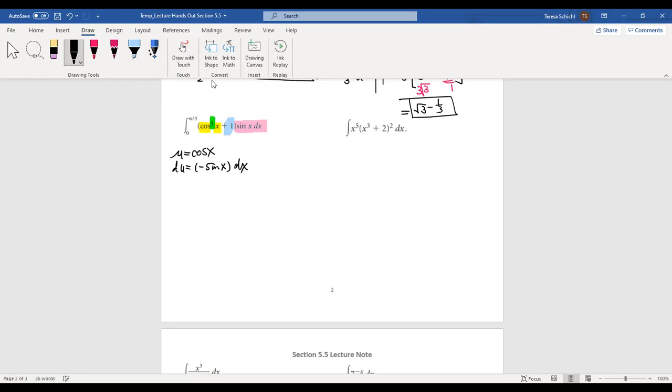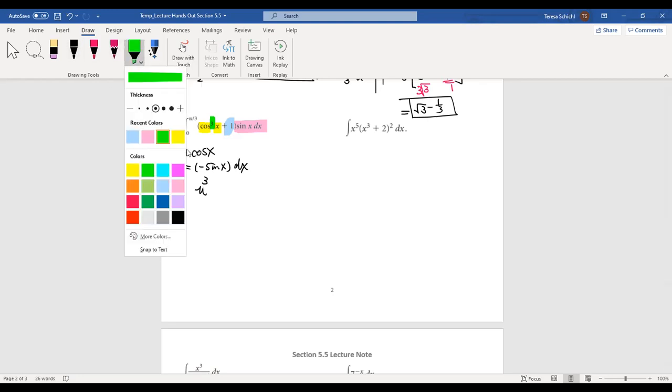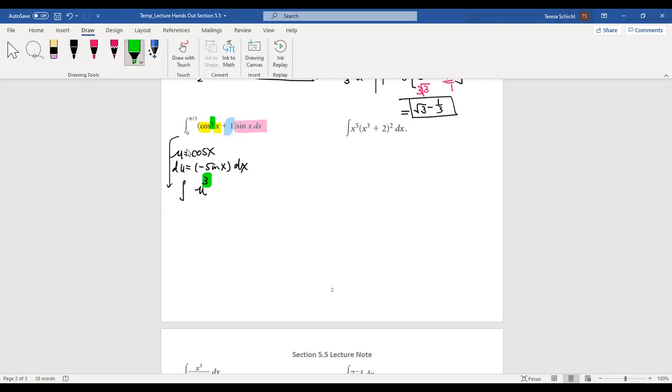All right, so let's rewrite it. Cosine x becomes u, then third power, so my function carries over as u cubed.